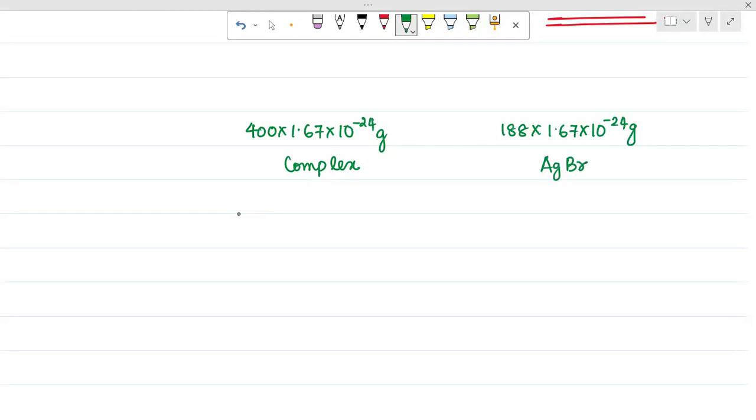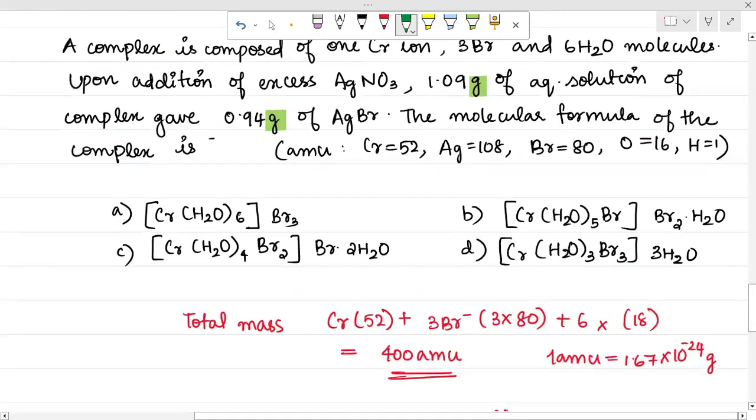Now what we have to do, we have 1.09 grams of complex in the question. So we have to find how much precipitate is formed from 1.09. It is already given that it is 0.94. We have to find the number of moles.